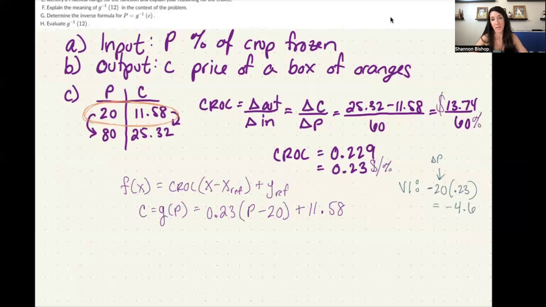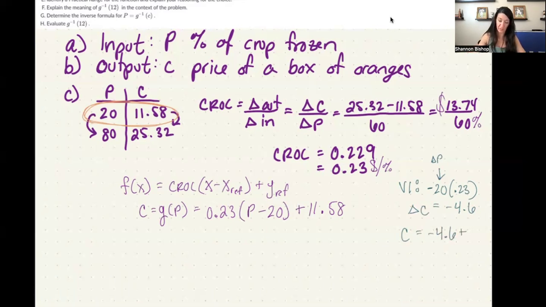So negative 4.6 is not the final answer. That just tells me how much the cost would have changed. So if we could rewind the clock by 20 percentage points, well, then the cost should have been $4.60 cheaper. So then to get the actual cost, we'll take that negative 4.6 and add it onto our reference cost.